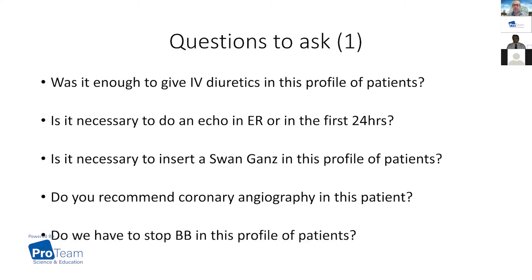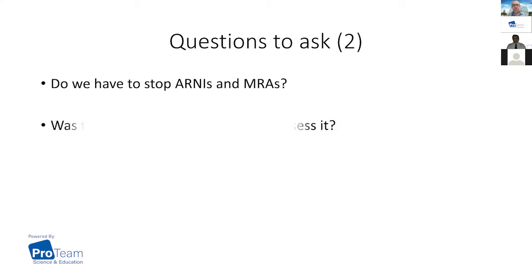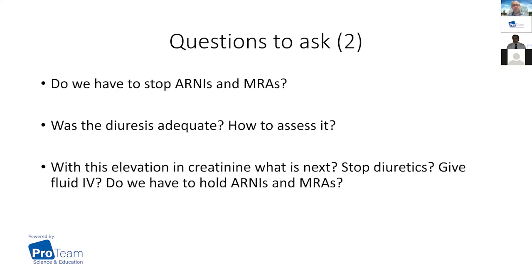Do we have to stop beta blockers in this kind of patients? Do we have to stop ARNI and MRAs because his creatinine bumped up to 2.1? Was the diuresis adequate? Is there any other method to assess adequate diuresis? With this elevation in the creatinine, what is next? Stop diuretics?